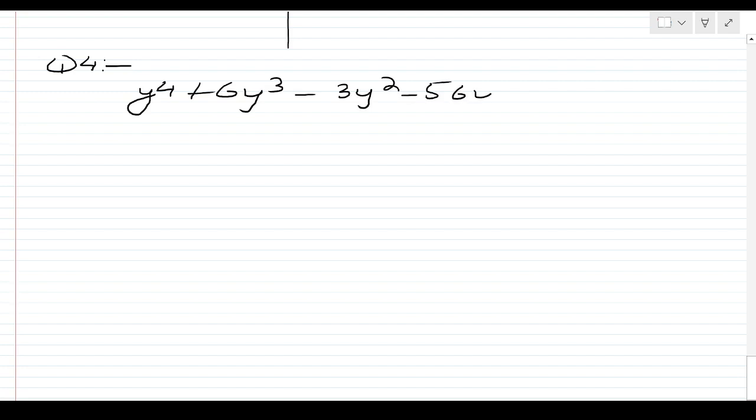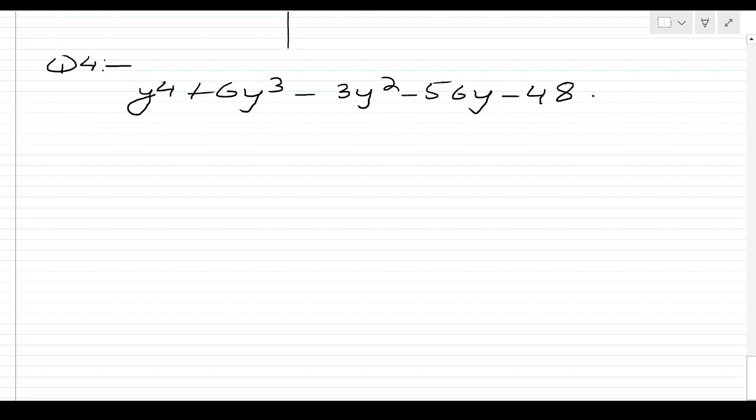Question number 4. In question number 4, we are given the product of two polynomials, which is y power 4 plus 6y cube minus 3y square subtracted from 56y, and then negative 48 at the end.